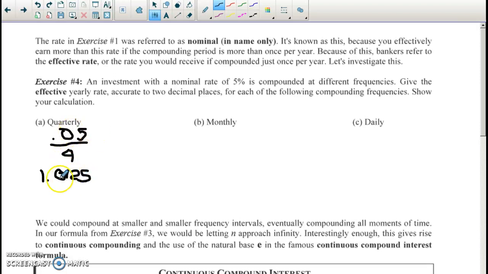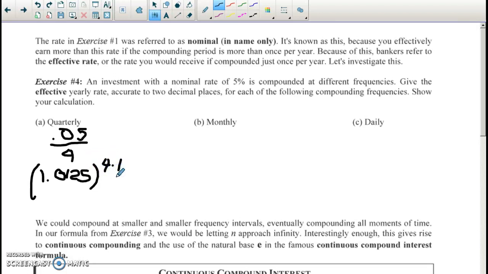If I type this in, I'd get 0.0125, add that to my 1. And then that would be raised up to 4 times a year times the 1 year.